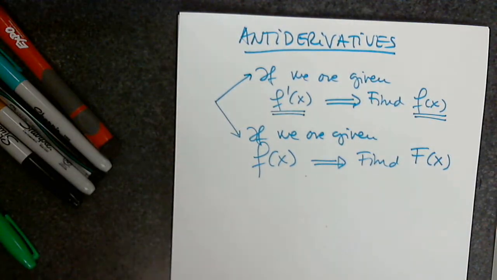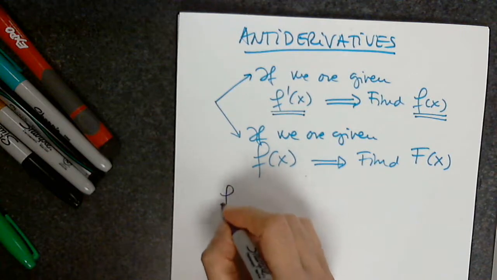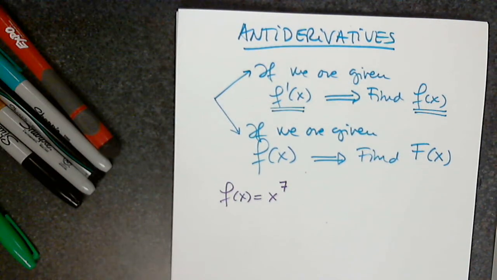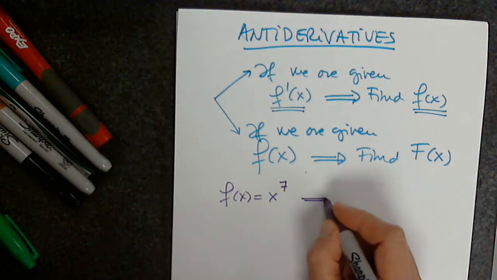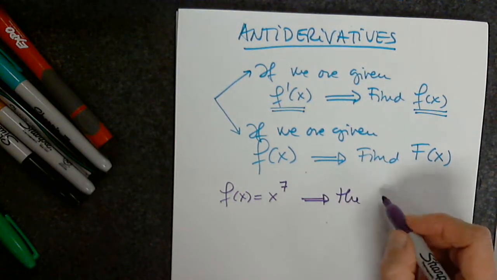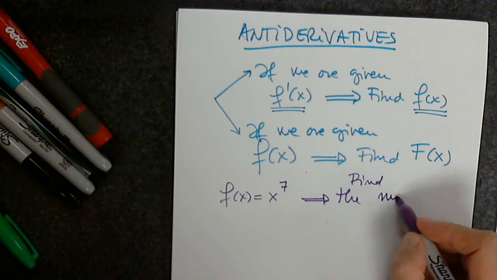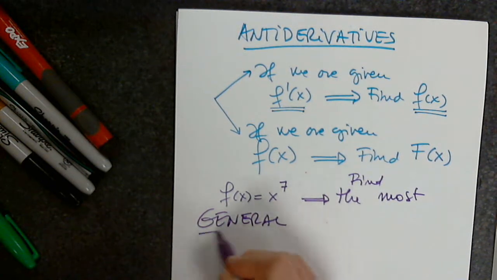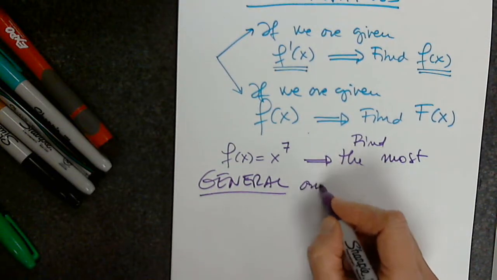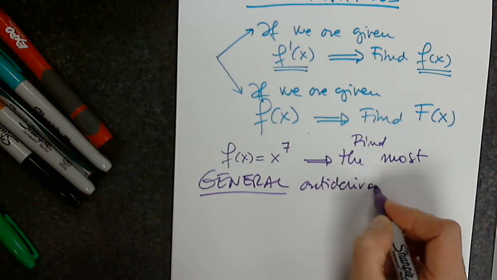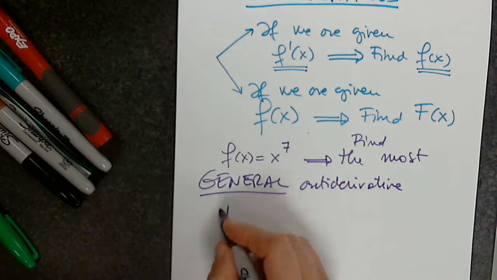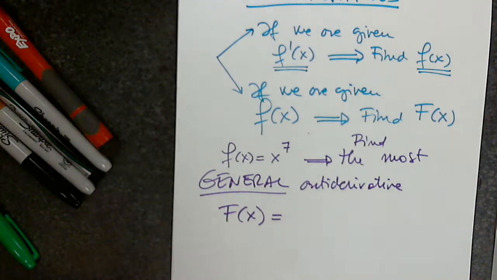And now, for example, if I'm given a function f of x as x to the 7th, I'm asked to find the most general antiderivative. Which notation will I have to use? Second one. So I have to give this.